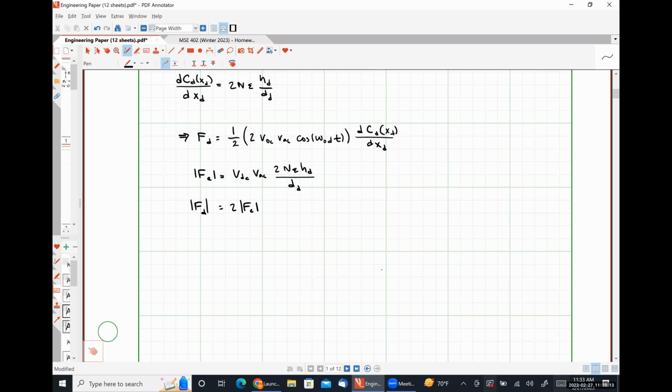What I'm saying is that DC attraction between those two plates is going to cause the height of the overlap in the drive mode to change on a DC level, which is in turn going to change the electrostatic force of the drive mode as well.